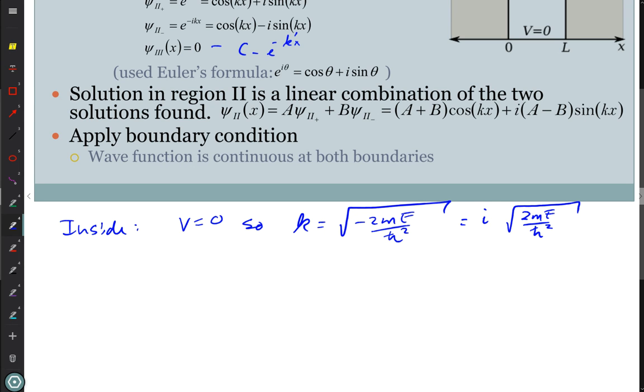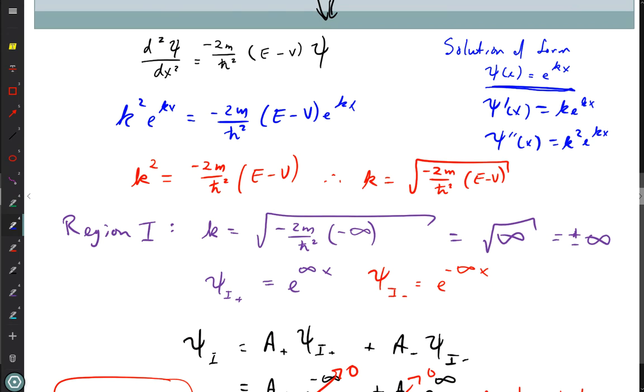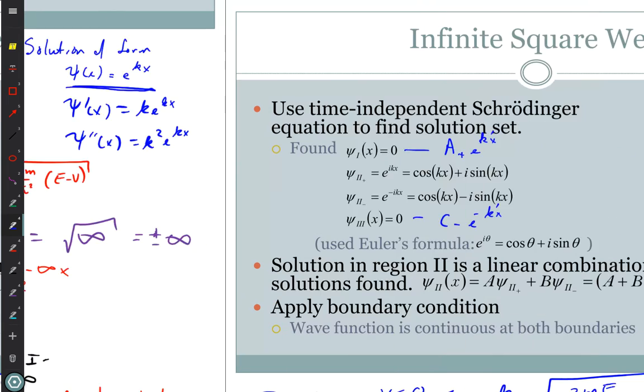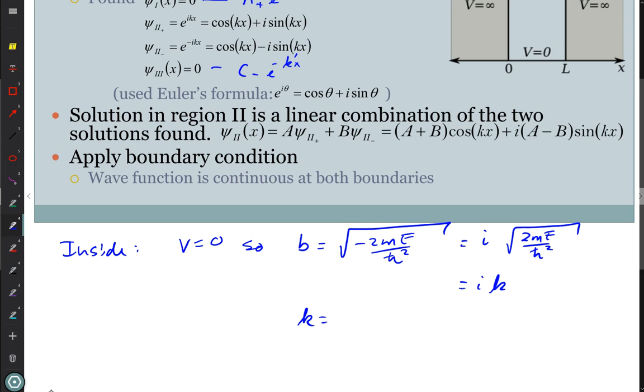Everything is perfectly good that we've done except for what I should have done is not use K here. I should have used something like the letter B instead of K on this page. And then I would have had B equals this. And then I can define B equals iK, where K is exactly the same thing, except for taking out the minus sign there.